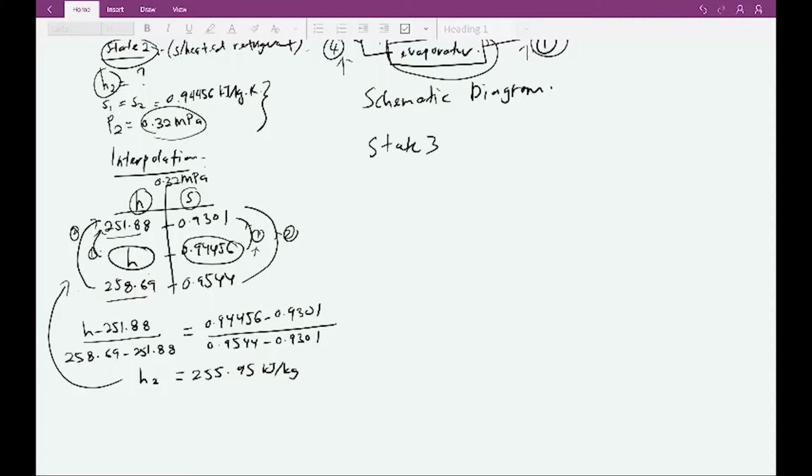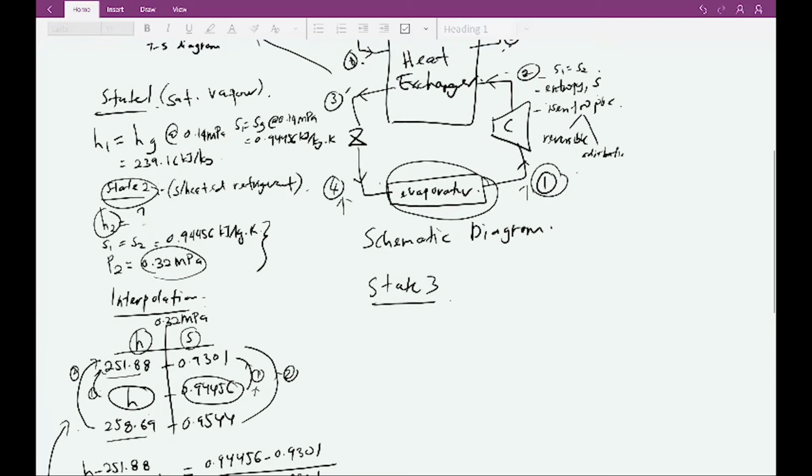State 3 basically exits the heat exchanger, where the heat exchanger consists of the condenser from the lower cycle. So inside the condenser, the condensation process occurs, where all of the vapor from our compression side turns into liquid.